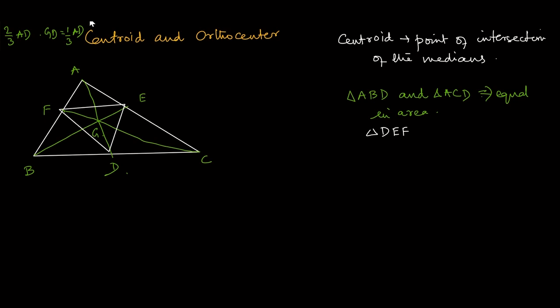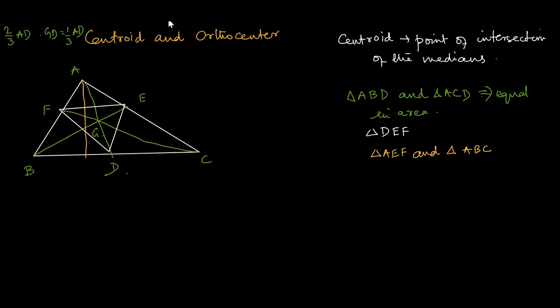Correct. So basically, if I take any one of the smaller triangles, let's say I take triangle AEF and triangle ABC.